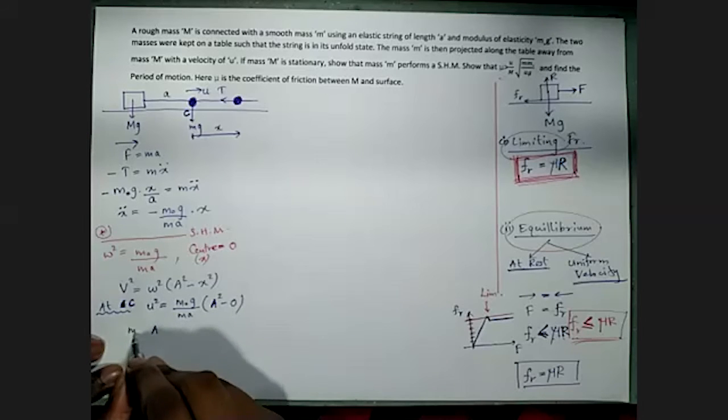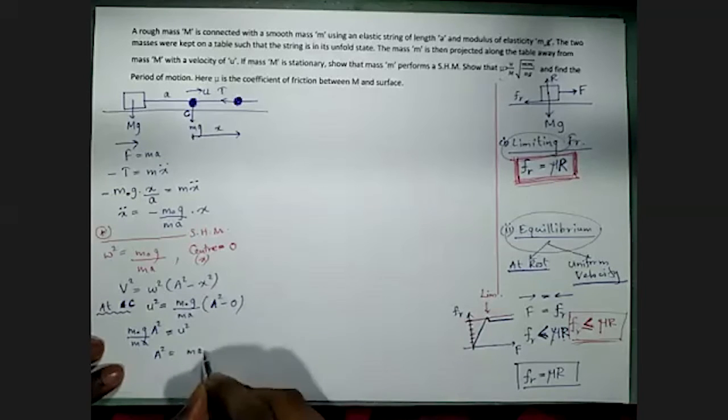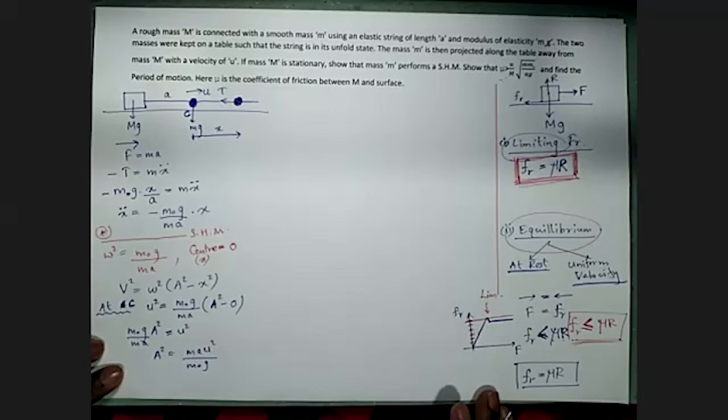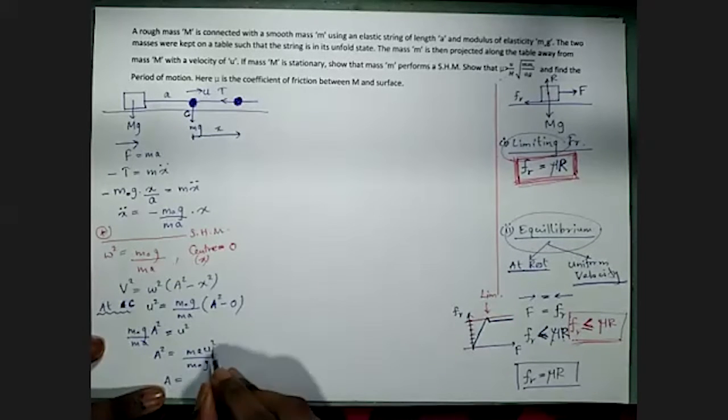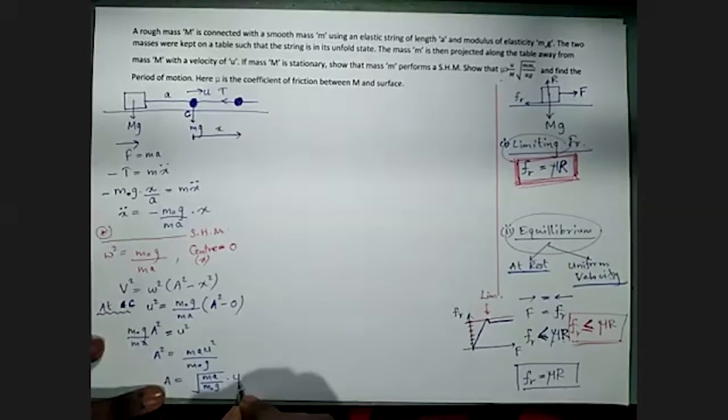Then here we have m naught g A square over m A equal u square. Then what is the amplitude? Amplitude square is m A u square over m naught g. Then what is our amplitude? Amplitude is square root of m A over m naught g, into u.